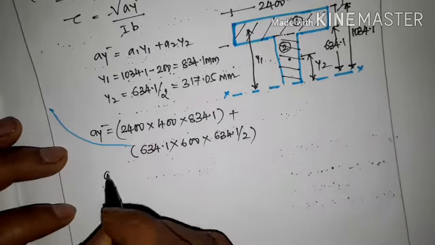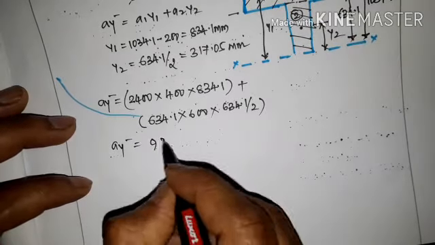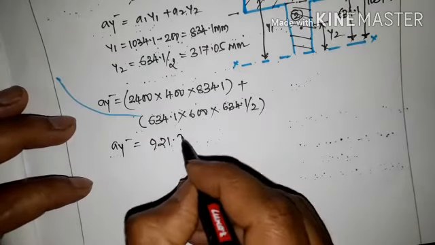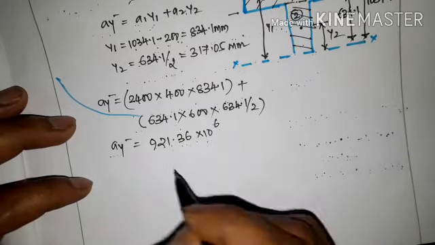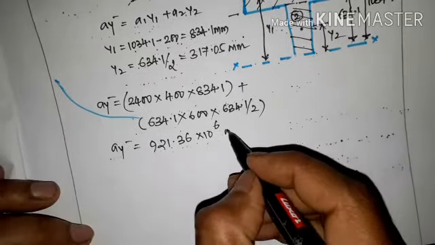So we'll get A y bar equal to 921.36 into 10 raised to 6, that is mm cube.